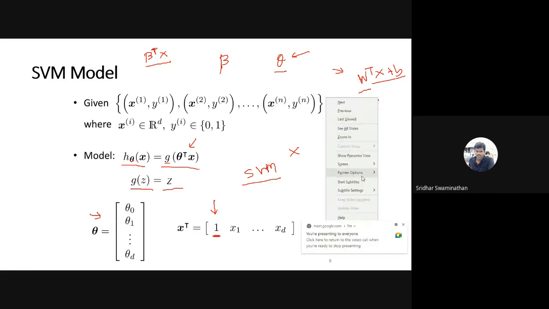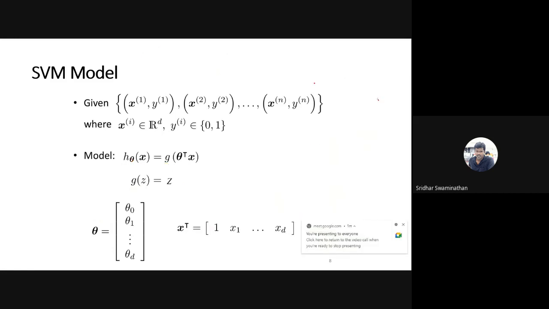Before that, let me introduce a loss function which is used in classification problems. In regression problems, you have come across the mean squared error, right? That is a squared error between your prediction and the actual value. But in classification, since the problem is about probabilistic prediction, you cannot use the mean squared error as a loss function.